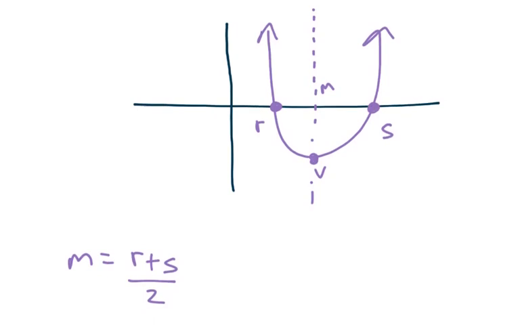And we also can say that if the distance out this direction is d, and this direction out would also be d. So what that means is that m plus d, so if I take this point here, which is the middle, I'm calling m, and I add d to it, it would give me s, right? And the same thing is true if I go to the back. If I say m minus d, this would give me r, right?